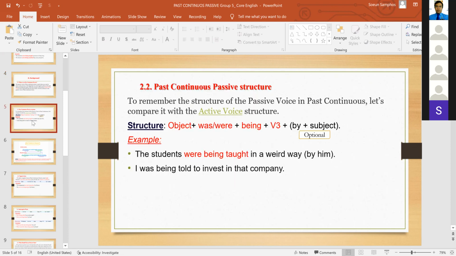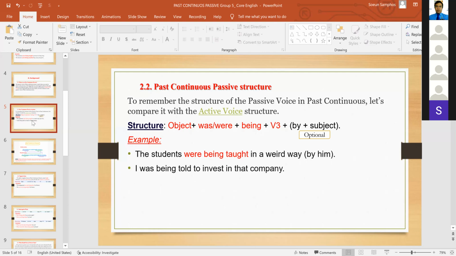Next slide. Number 2, past continuous passive structure. To remember the structure of the passive voice in the past continuous, let's compare it with the active voice structure. Maybe this one you are not confused about, because you saw it before with group number 6.